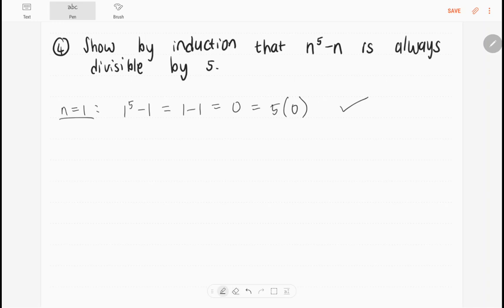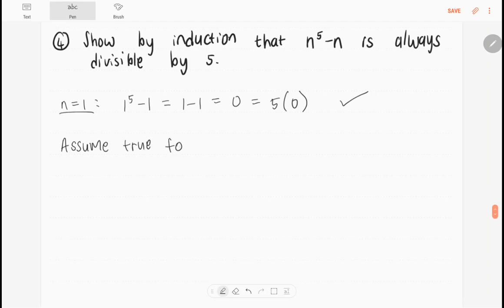Now, we are going to assume that it's true for n equals k. What does that mean if we assume that? So that means that k to the 5 minus k has to be divisible by 5.